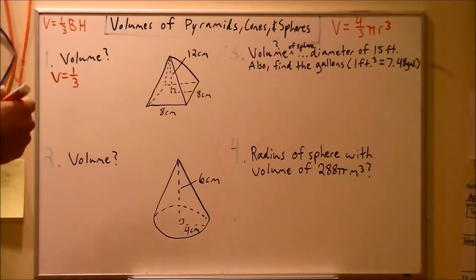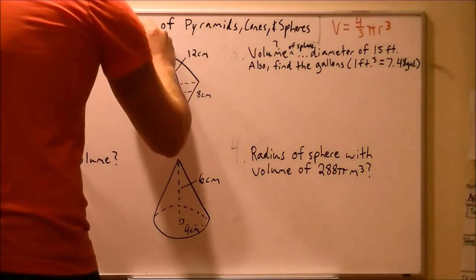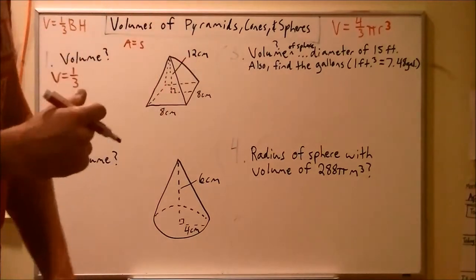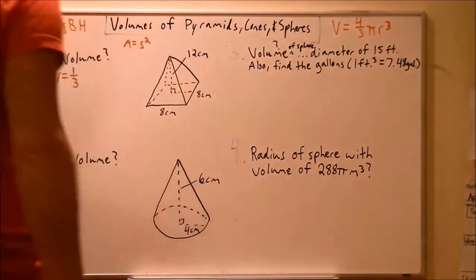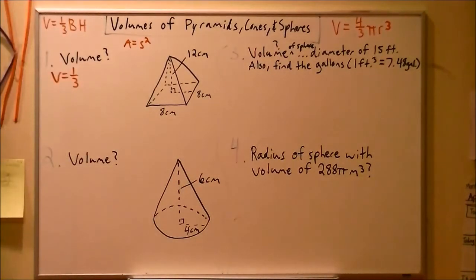How do you find the area of a square? Guys, since all 4 sides are exactly the same, just choose one of the sides, doesn't matter which one, and you square that side number. That's going to give you the area of a square.